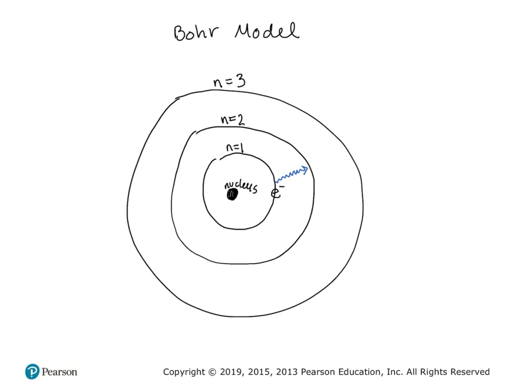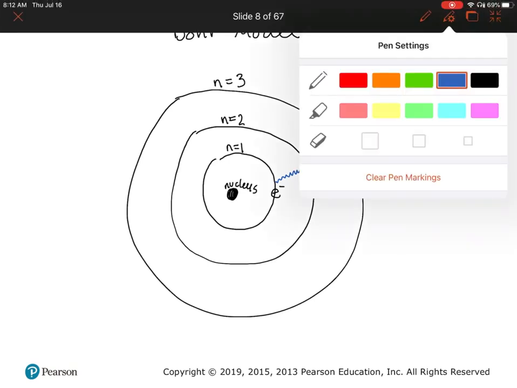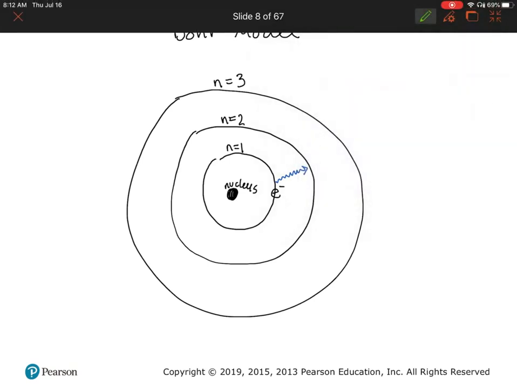So eventually it wants to relax down to a more stable energy level. So when it does that, so let's say it jumps back down to relax, it actually emits something called a photon, which is actually a packet of light.